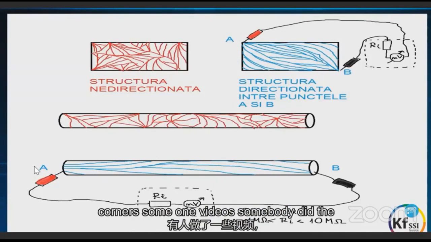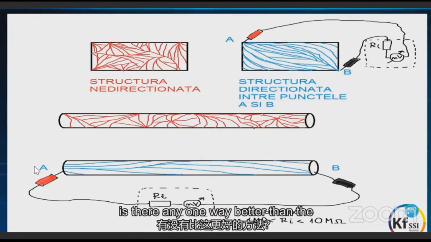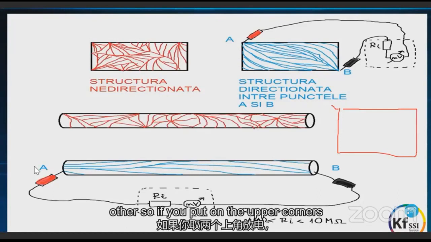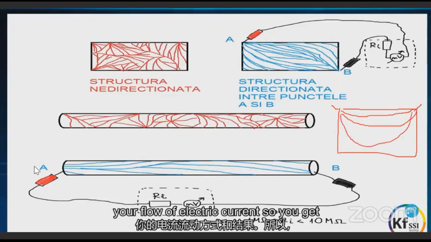One video somebody did the upper corners, or the two upper corners. Is there any one way better than the other? If you put on the upper corners, in that case, this will be the way of your flow of electric current.